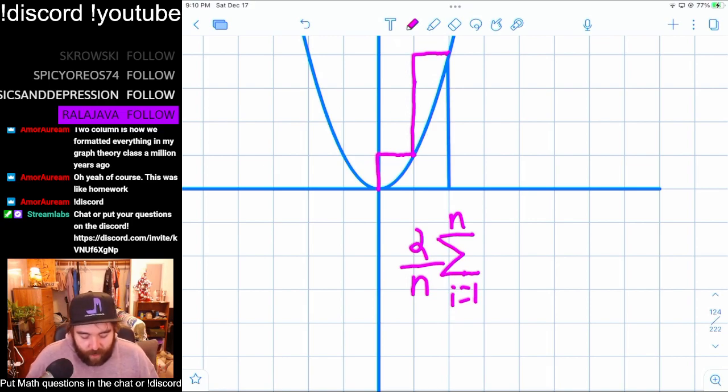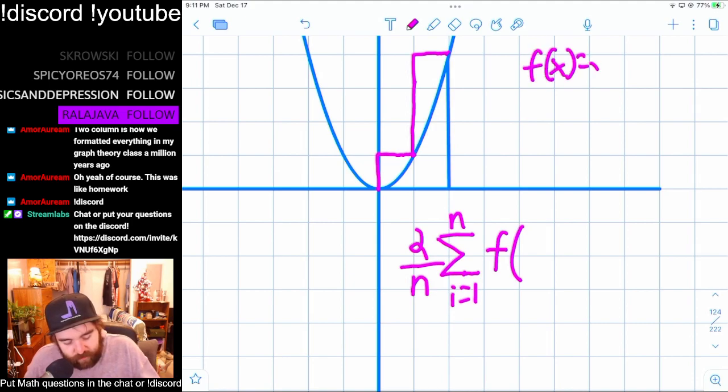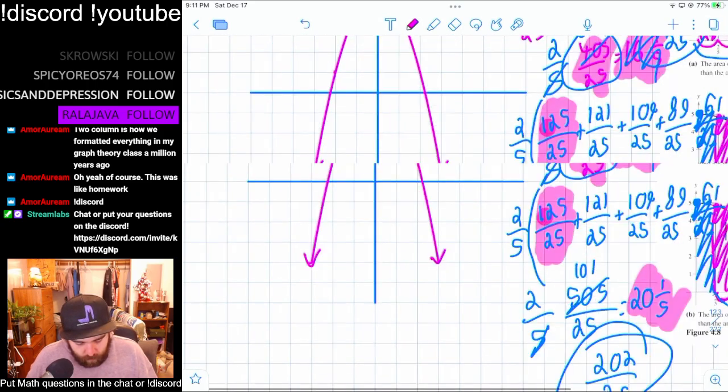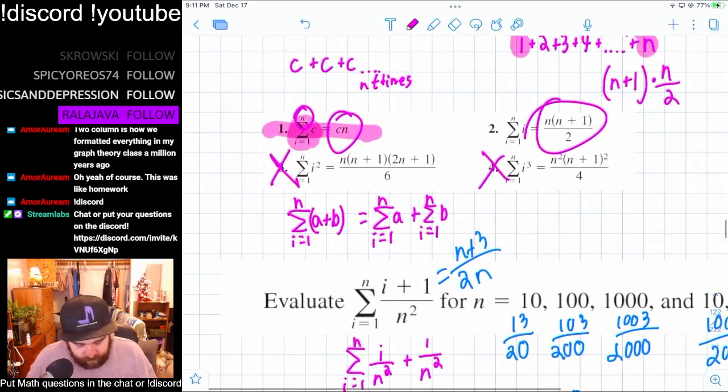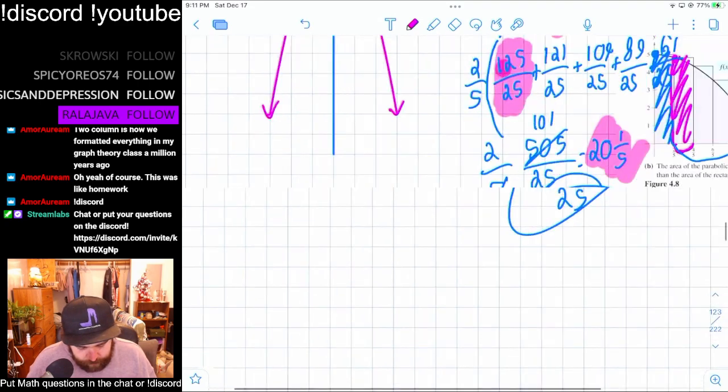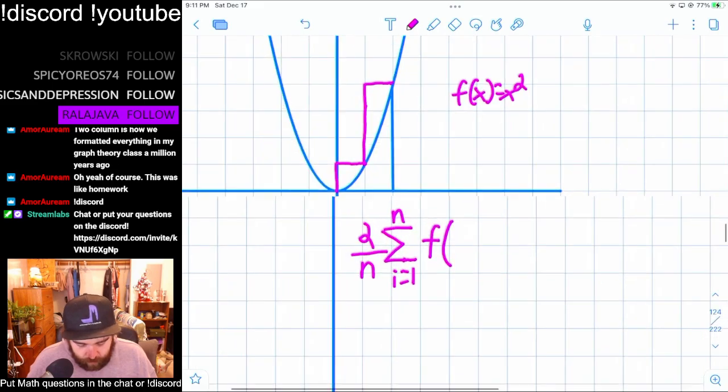And now we need the heights of all the rectangles, which is what we're adding together. To get the heights, it's just like last time. We're going to do f of, where remember f of x equals x squared. Let's take a look at our formulas. These formulas started at i equals 1, so I would like to start with i equals 1.